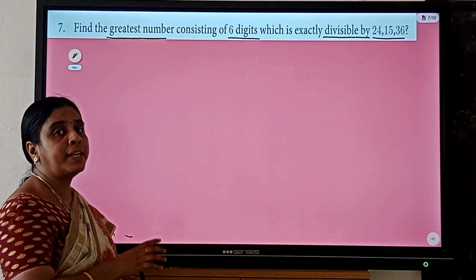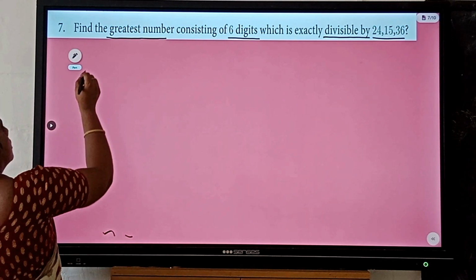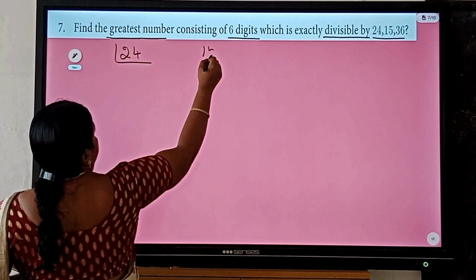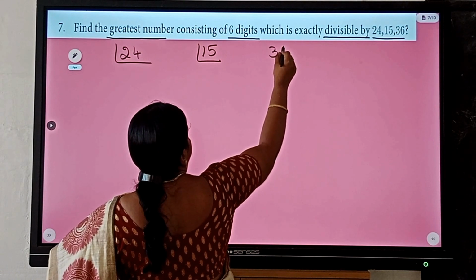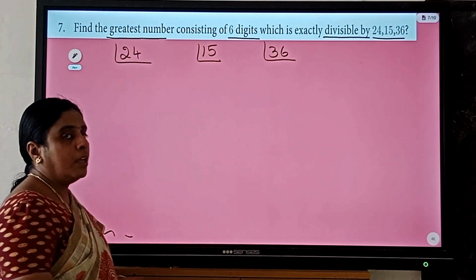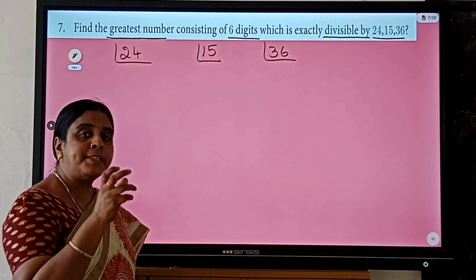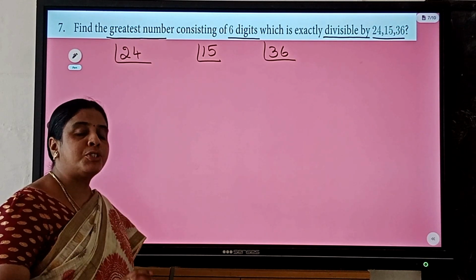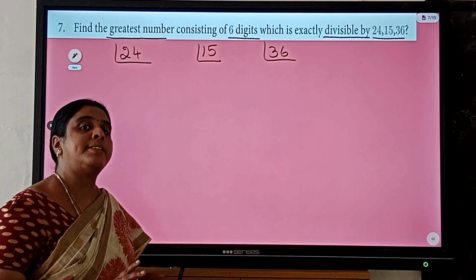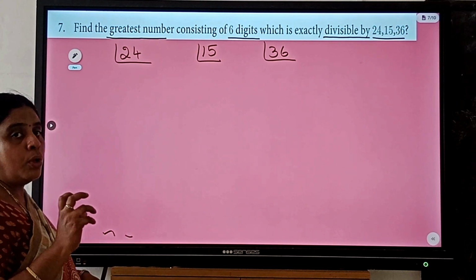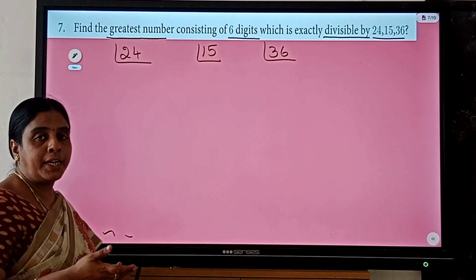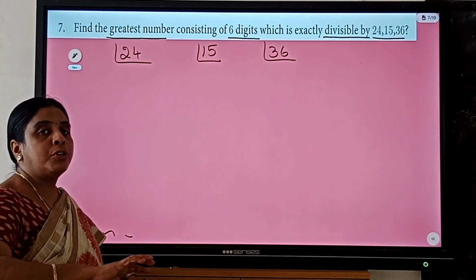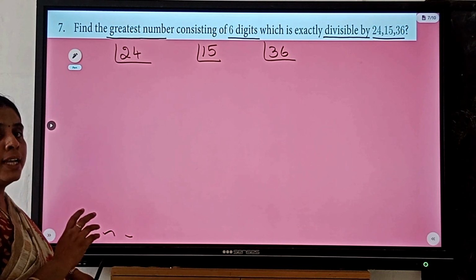So we will find the factors of 24, 15 and 36. By finding the LCM, the least common multiple, that number would surely divide the greatest 6-digit number. So we are not going to separately find the greatest number. Instead of doing that long step, we are just going to shortly do the sum by finding the LCM.